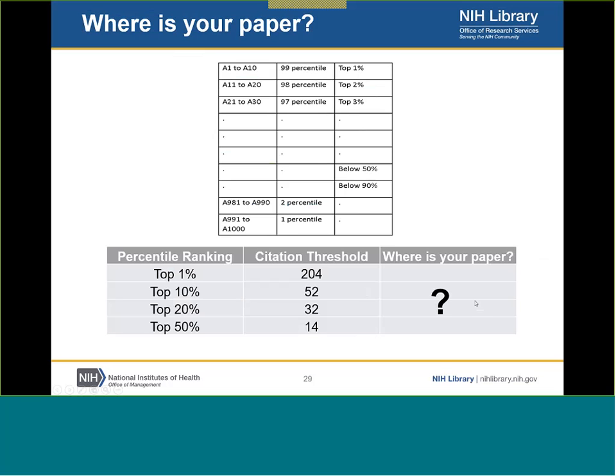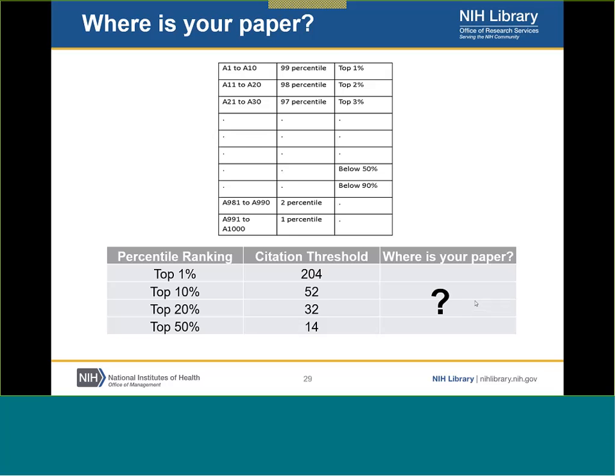And when you find your paper, you will be able to see how your paper can be ranked. Say that you pull up your publications and you realize that you have 205 citations, then your paper can be ranked as the top 1% in the specific field within the same year.